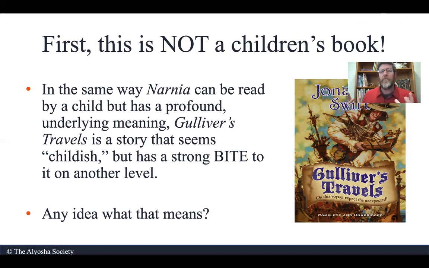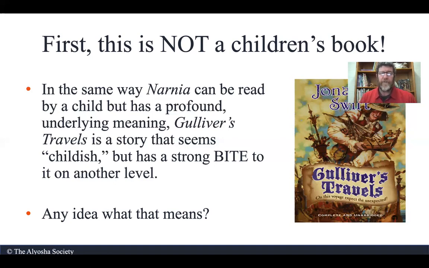But then when you get older, you realize, oh, Narnia actually can be understood on a much deeper level. This is a picture of the gospel and the Christian life and creation and the fall of man and regeneration and the end times, all these things, much, much deeper meanings.